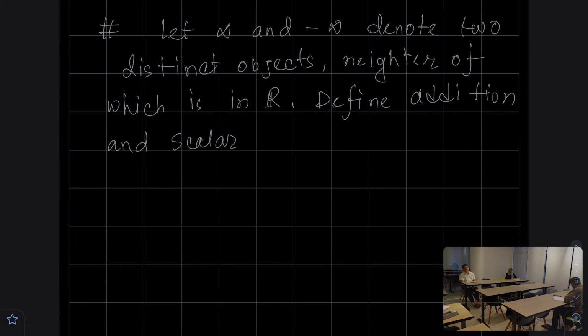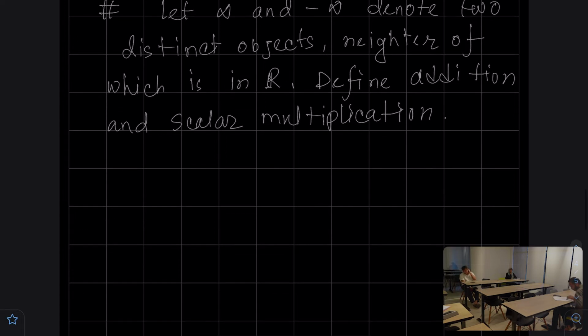Multiplication on R union infinity union minus infinity. So t times infinity is minus infinity, 0, or infinity if t is less than 0, t equals 0, and t is greater than 0 respectively.